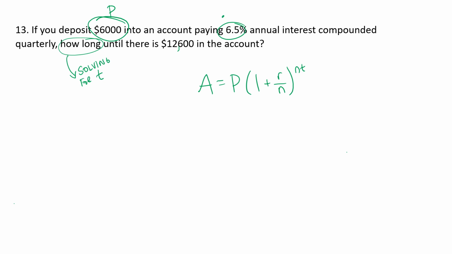That means that 0.065 is the R, compounded quarterly. So N is 4. It's 4 quarters in a year. How long? I'm solving for t until there's $12,600 in the account. So 12,600 is my A. So just fill it in.